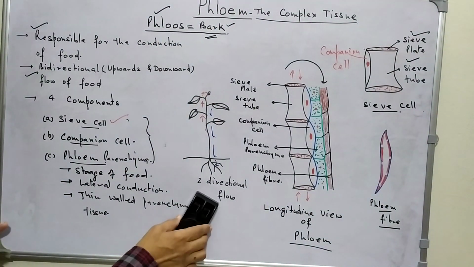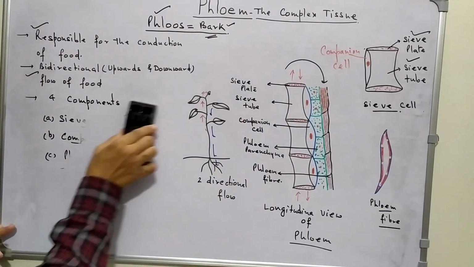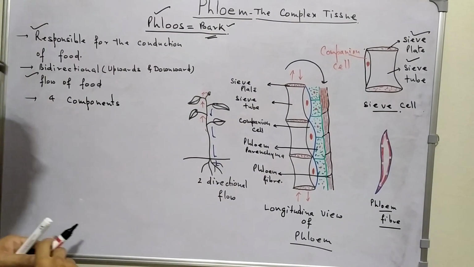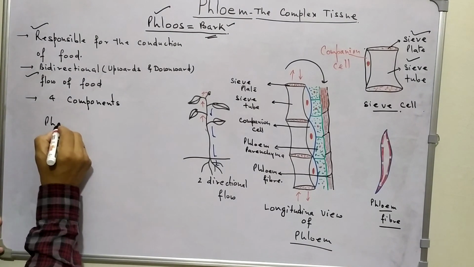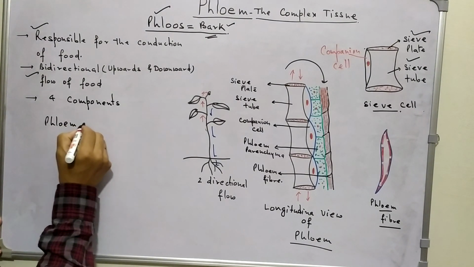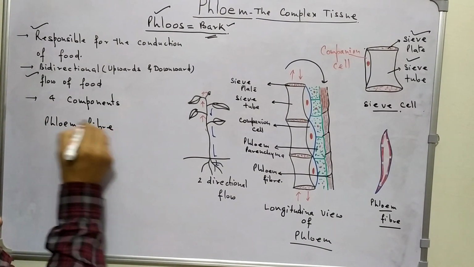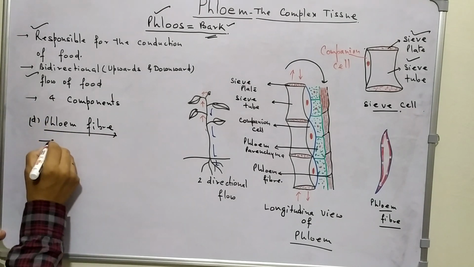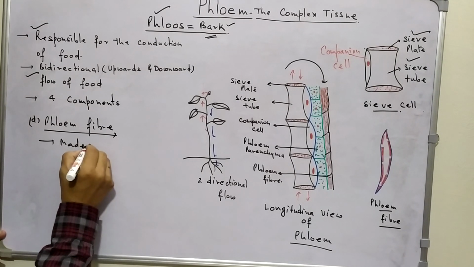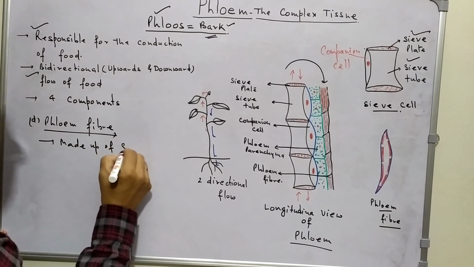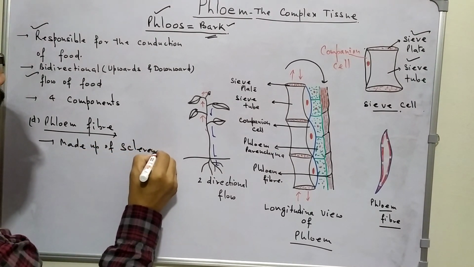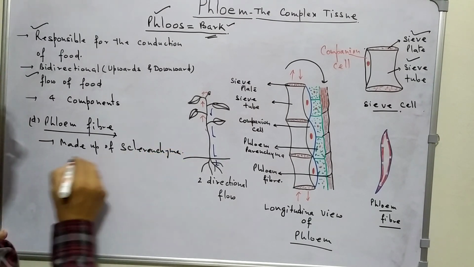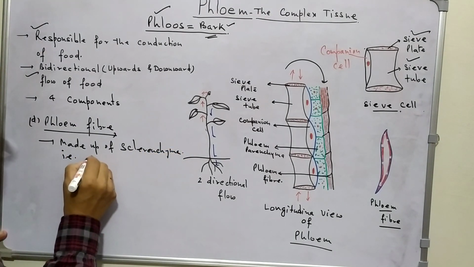Now the phloem fiber function. Made up of sclerenchyma, that is dead in nature.